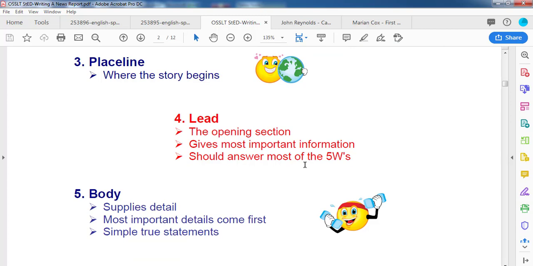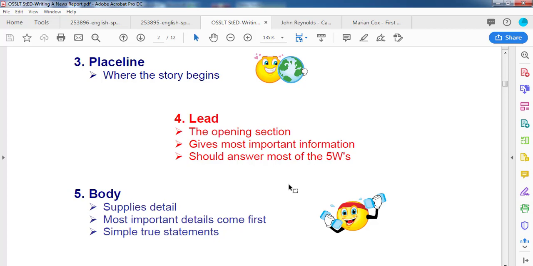Now the lead paragraph, which is the most important paragraph in the whole newspaper report, because usually in a newspaper, I need you to understand this very carefully.